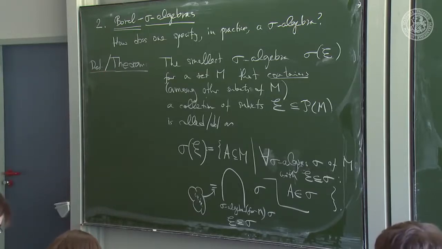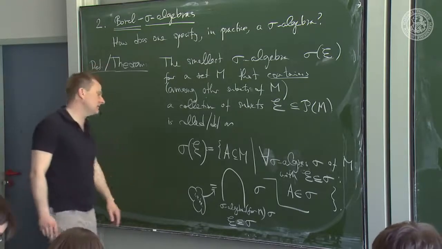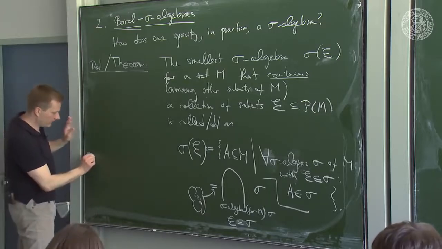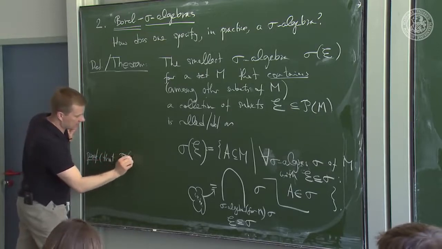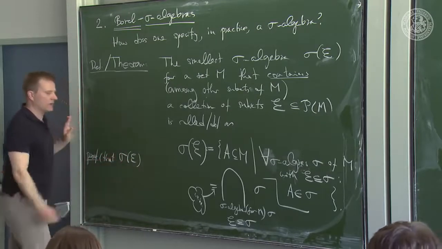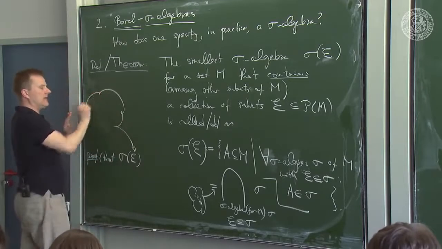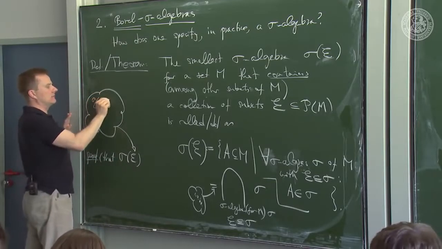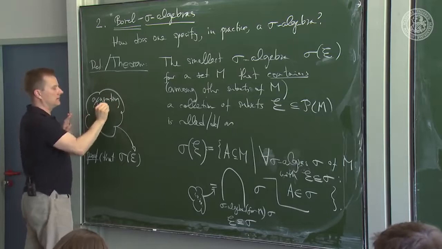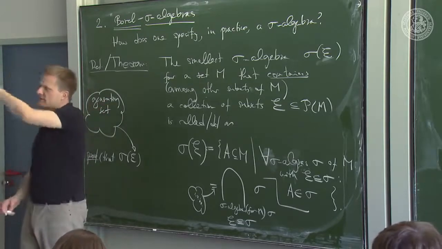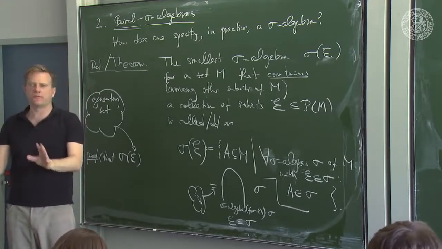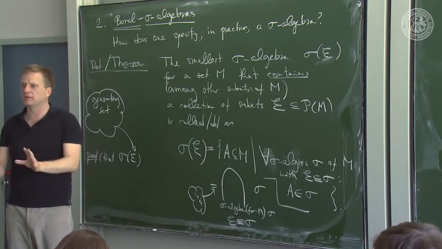One can check, and that's the claim that's hidden here, that this is again a sigma algebra. So prove that sigma of E is a sigma algebra. One also calls E a generating set. I mean, that's from real life. You say, well, this set, that set, and that set, I must have measurable for my application.